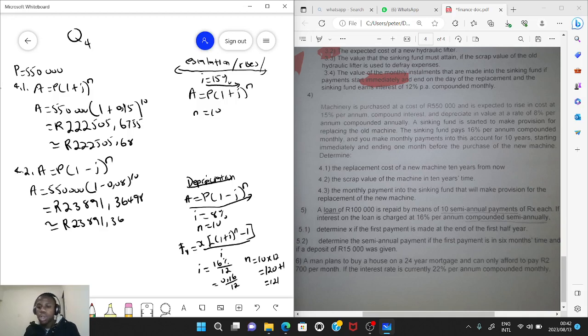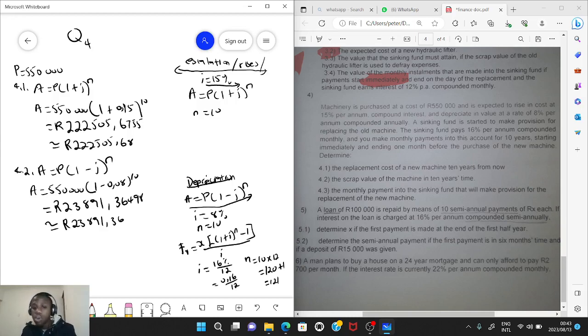4.3, we are asked to calculate the monthly payment into the sinking fund that will make provision for the replacement of the new machine. Now listen to me. In this case, they never spoke about defraying expenses, meaning this person is not taking this old machine to the store.